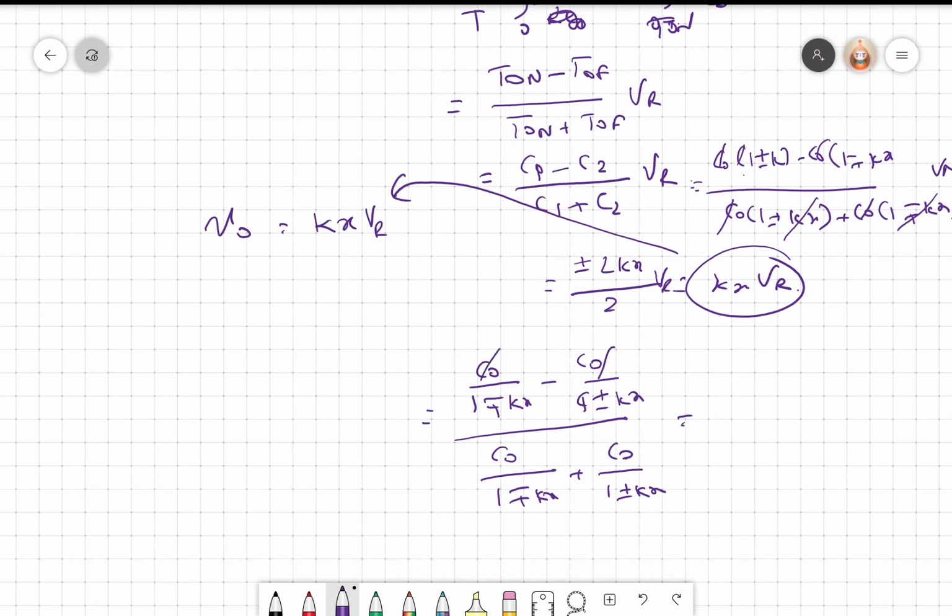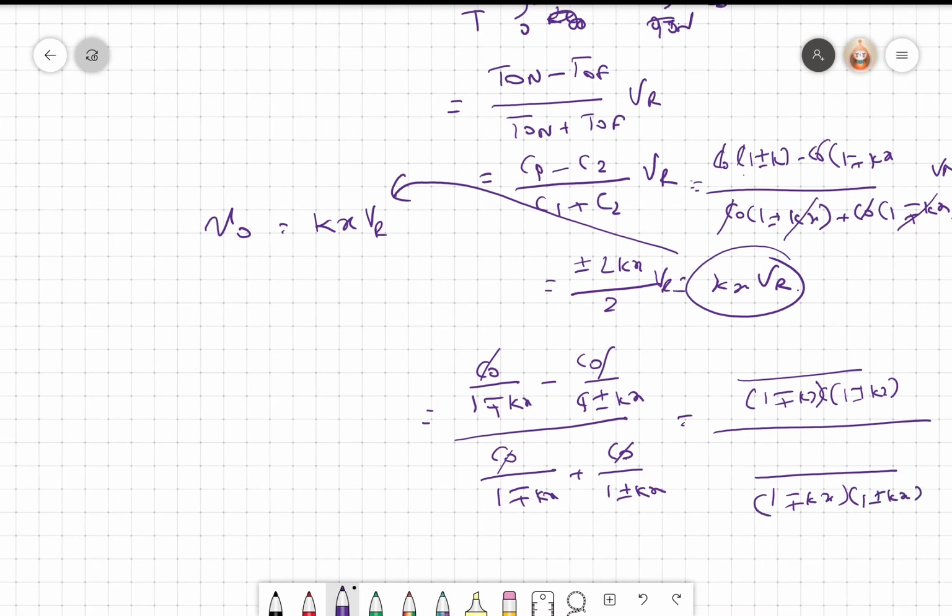Again, C naught cancels out. So I get 1 minus or plus kx into 1 plus or minus kx, and here again 1 minus or plus kx into 1 plus or minus kx. So I will get 1.